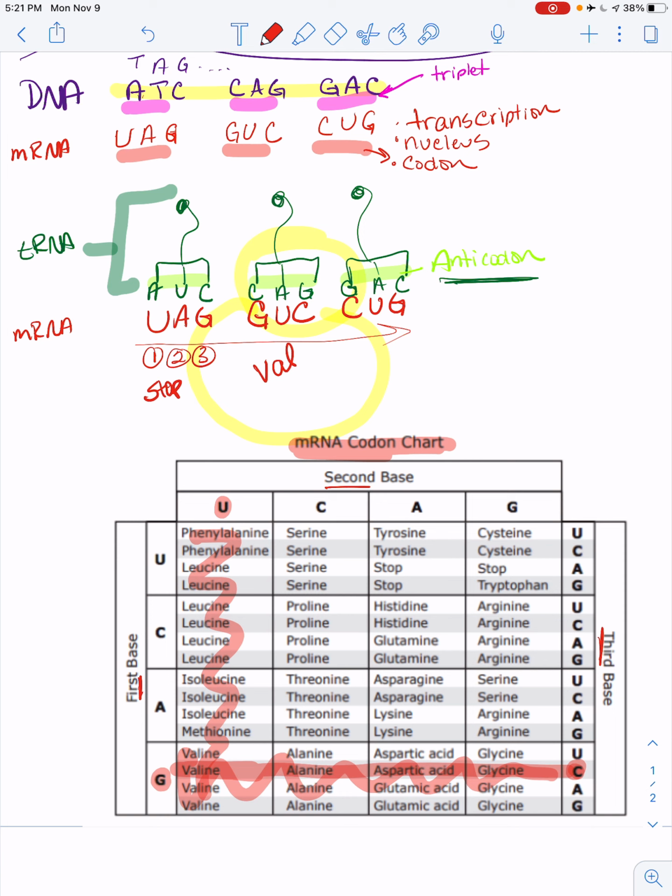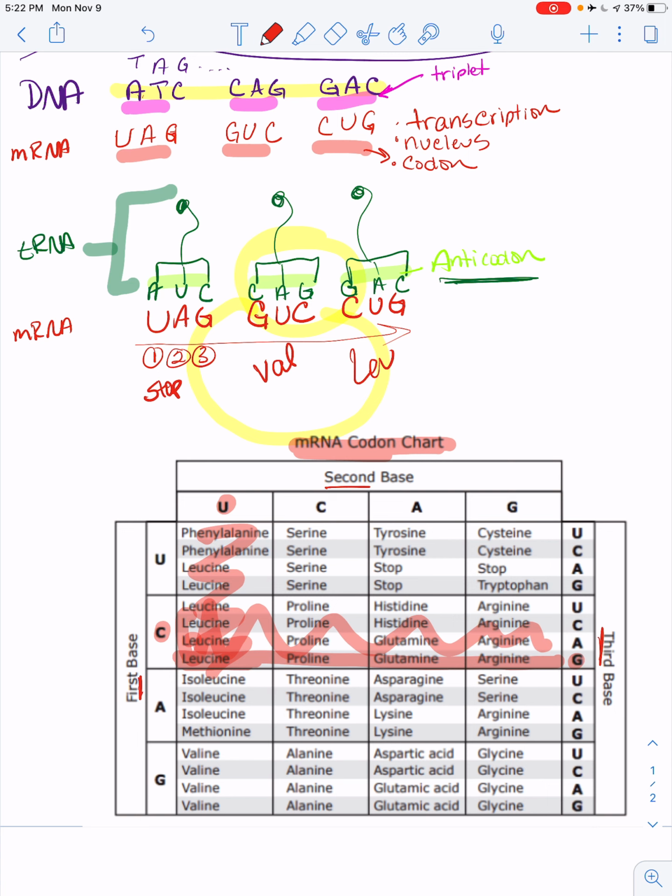All right, then the next one, we're going to do the exact same thing. So we've got C-U-G, we've got a C here, a U here, and the G here. So here's our C, here's our U, and then we're going to bring this over, and it's going to be leucine, L-E-U. And that's all there is to it.